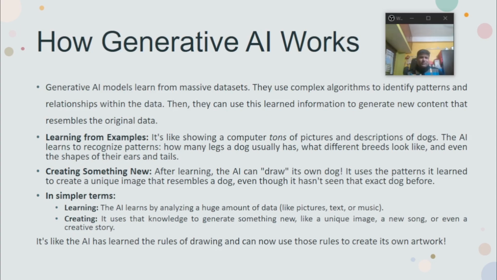In simple terms, learning and creating. Learning means AI learns by analyzing a huge amount of data, and creating means it uses that knowledge to generate something new, like a unique image, a new song, or even a creative story.